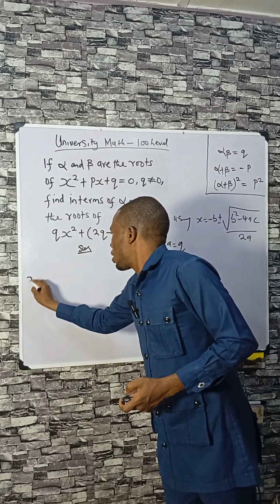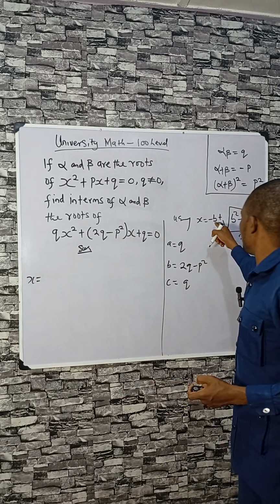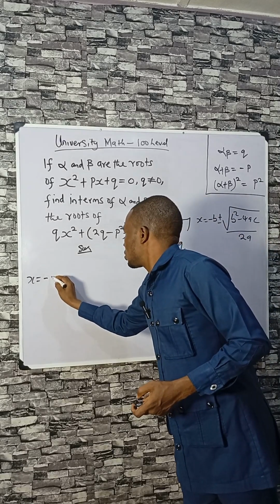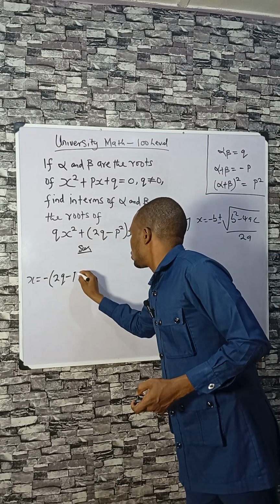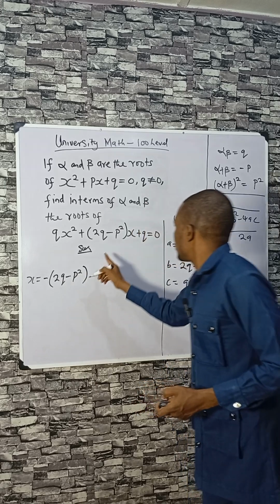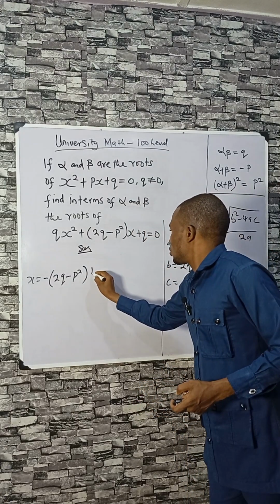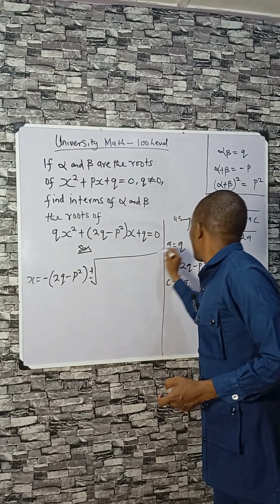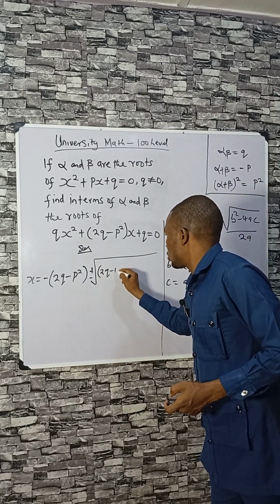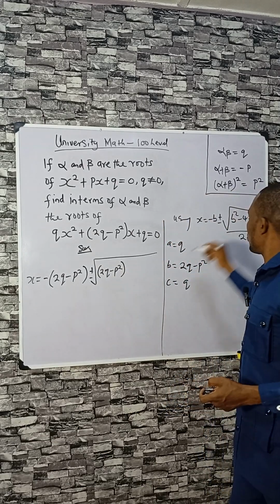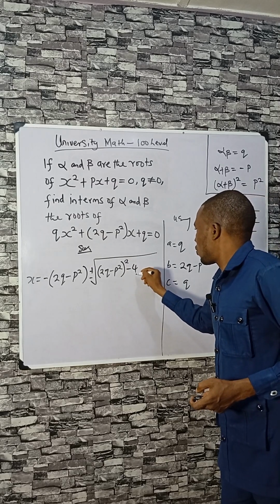Here our x equals, in place of b, minus, our b here is 2q minus p squared, that's for b, then plus or minus square root of b squared, which is the same thing, 2q minus p squared all squared, minus 4.